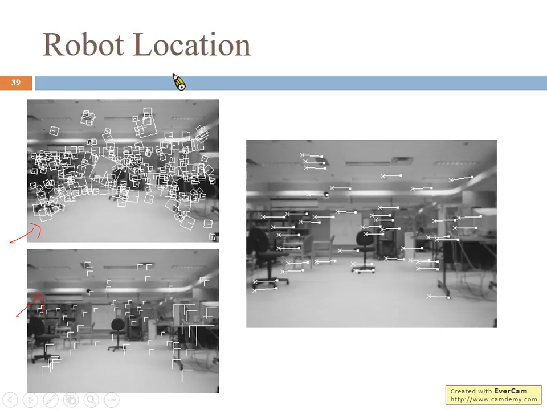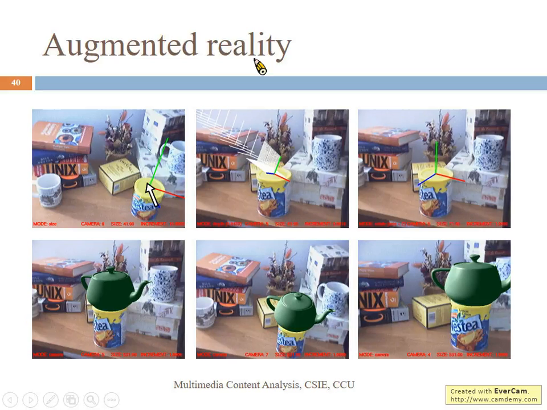Then we can find the correspondence between temporally adjacent images. So this point may match to this point later, and this point may match to this point. And then we can do localization, motion estimation, camera calibration, and so on.